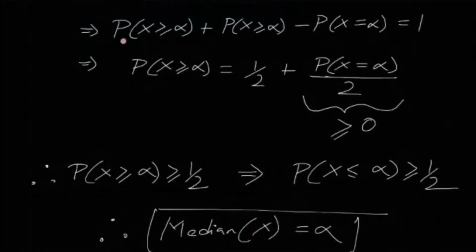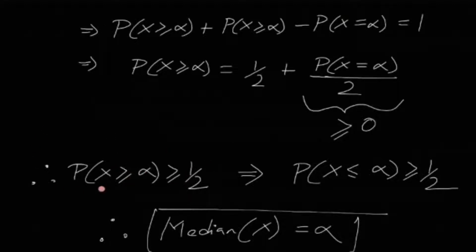Now, this can be written as probability x greater than equals alpha plus probability x greater than equals alpha minus probability x equals to alpha. This is nothing but probability x greater than alpha, right? We just adjusted the factor of probability x equals to alpha. Now this gives probability x greater than equals alpha is equals to half plus probability x equals to alpha divided by 2. This part is obviously greater than equals 0, a non-negative part. Therefore, this entire thing is at least half, right?